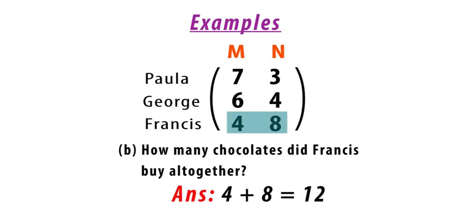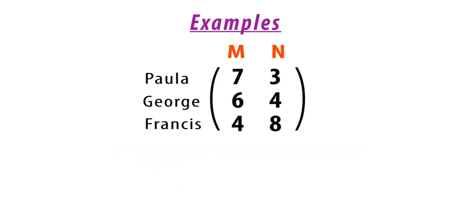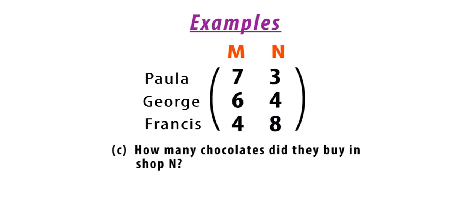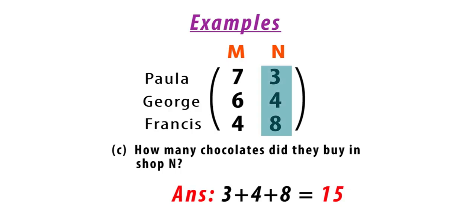That is 4 plus 8. And then C, how many chocolates did they buy in shop N? In shop N, they bought 3 plus 4 plus 8, and that will give us 15.